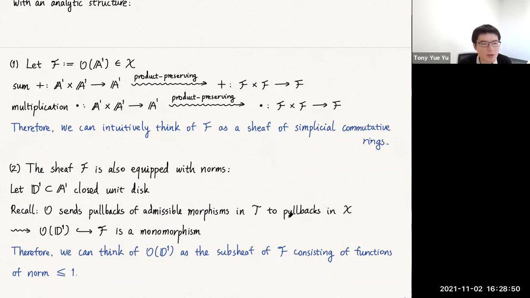And by the pullback property, we can deduce that this is actually a monomorphism. So in some sense, we get a subsheaf of F, and we can think of this O(D^1) as the subsheaf of F consisting of functions of norm less than or equal to 1.